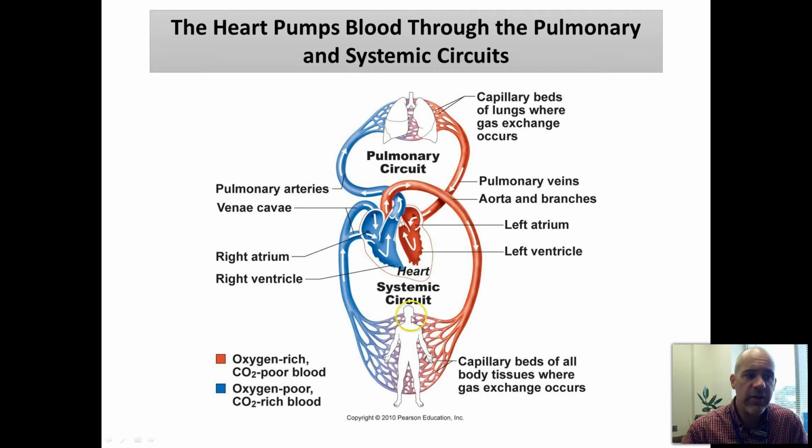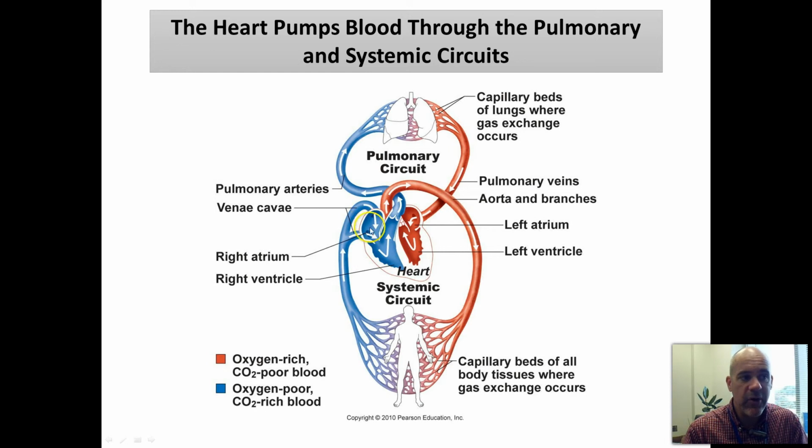It goes to that location, it goes through a capillary bed eventually in that area where it's going to deliver its oxygen gas and nutrients and so forth to that particular body location. And then it's going to start its journey back to the heart, so it's going to return through the system of veins that eventually leads you right back where you started over here at the right atrium. So just keep that in mind right away.